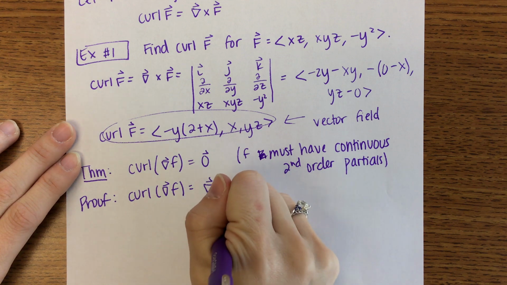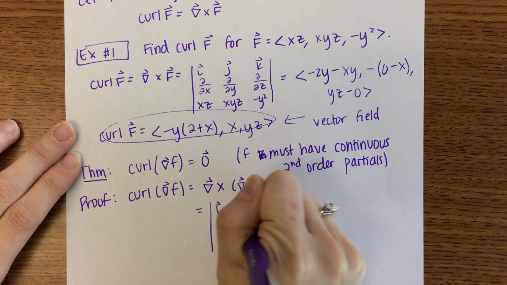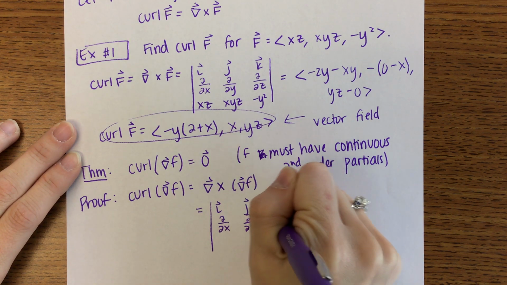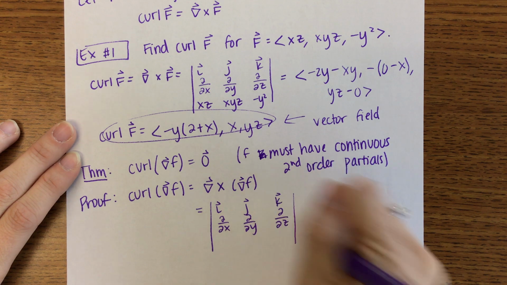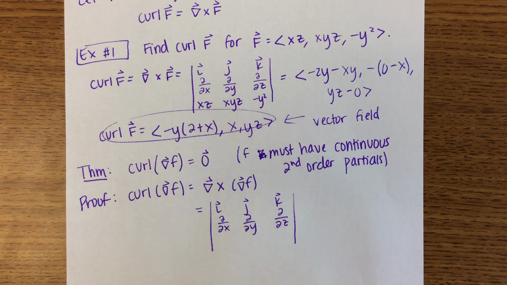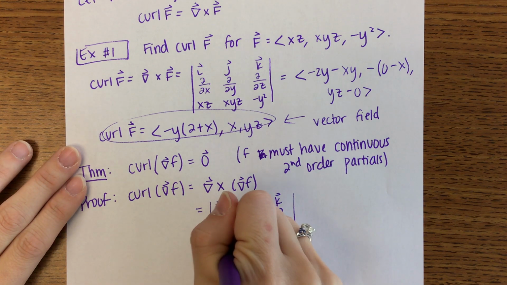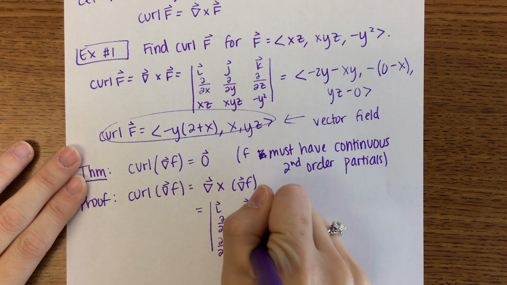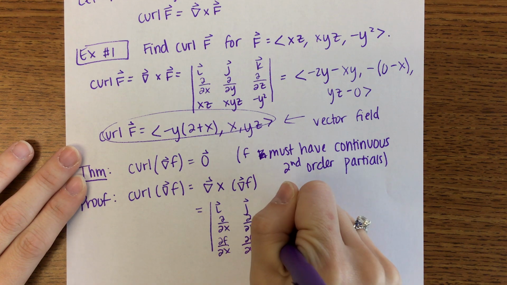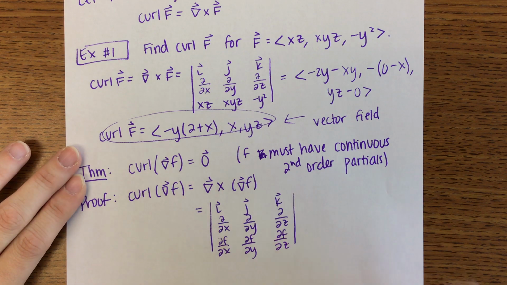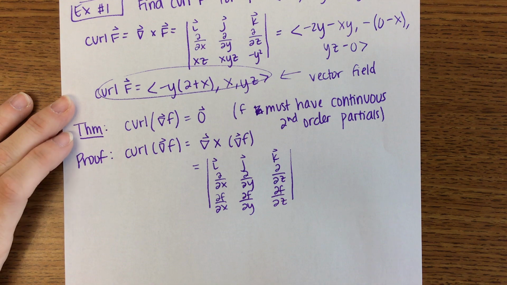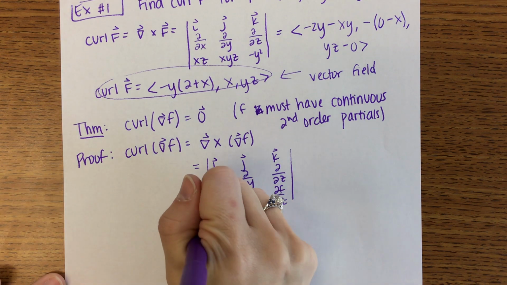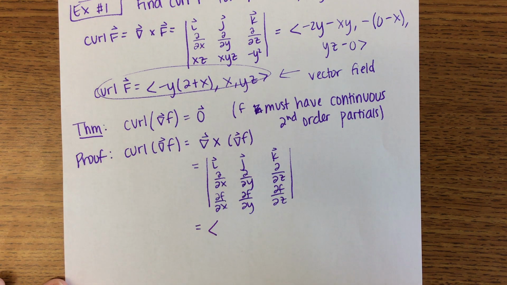The gradient part is partial with respect to x, partial with respect to y, partial with respect to z. Gradient of f is the partial of f with respect to x, partial of f with respect to y, partial of f with respect to z. And then we actually are going to compute this.